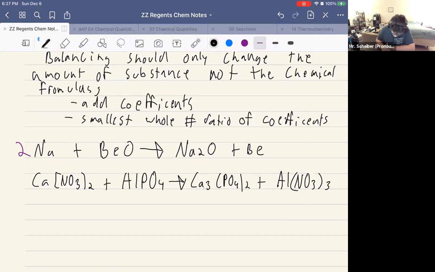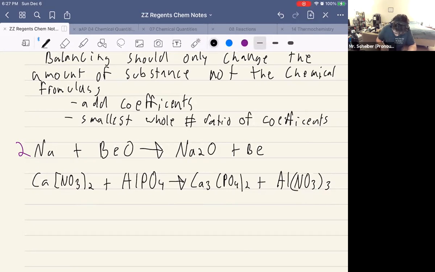Now, at first glance, if you were following what I did before, you'd start counting things out and you'd be like, well, 1 Ca, 3 Cas. There are 2 Ns, 3 Ns. But then when you look at the O's, there are 6, there are 4, there are 8, there are 9. It gets super complicated because if I were to try and balance it out, so 6 and 4 is 10, that's 8 and 9 is 19, right?